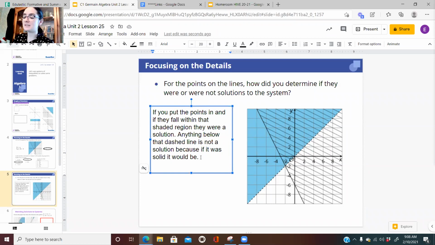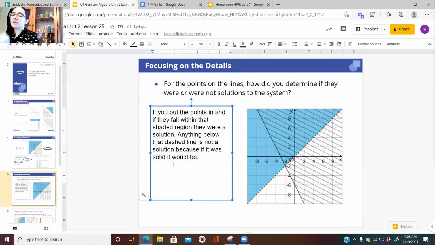Let's think about the lines now. What do we know about the lines where we can determine if it is a solution or not? Sadie, what were you thinking about? The first part, Peyton said, if it falls within the double shaded region, it's going to be a solution. Sadie, can we add anything to that?